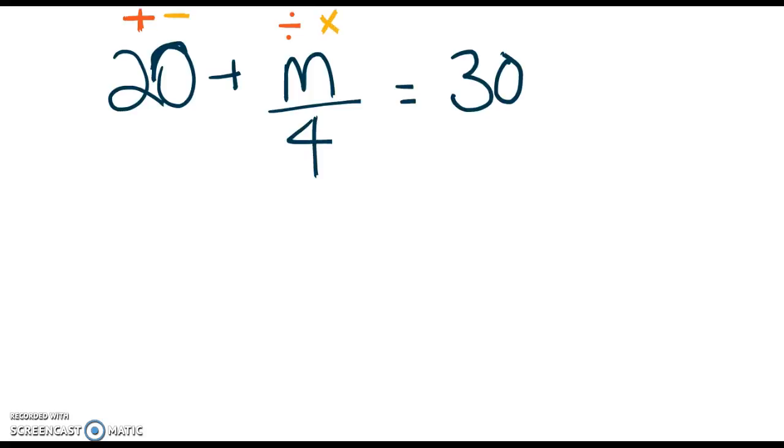Now, the big question here is, in what order am I going to do this? Well, we know since we're doing inverse operations, in order to undo and get the variable isolated, we need to do inverse operations. And you guys are very familiar with the order of operations, PEMDAS.